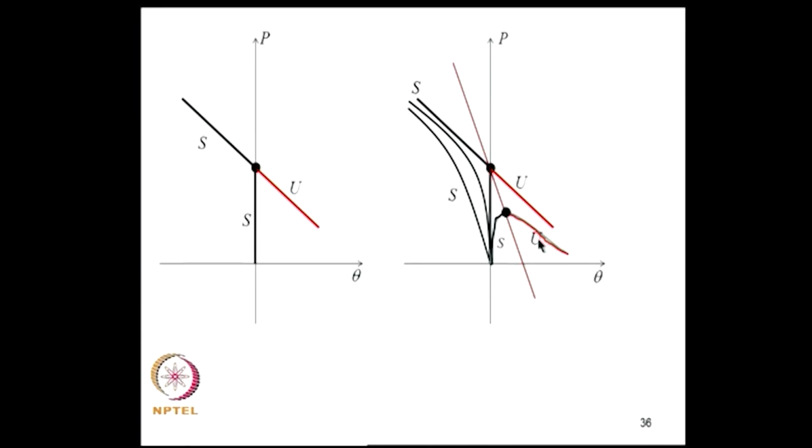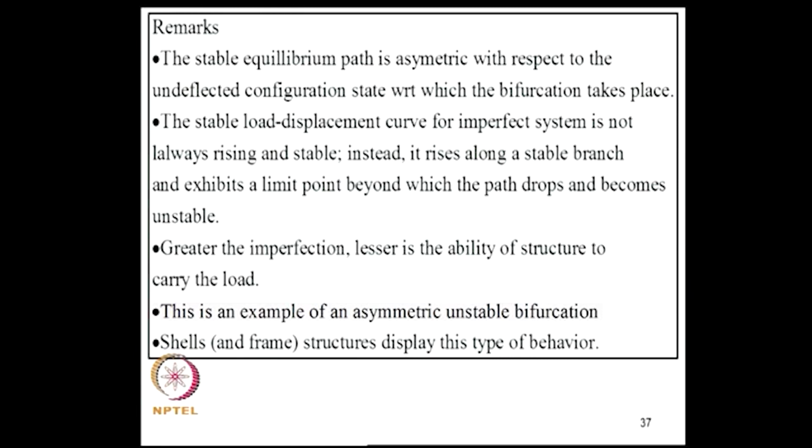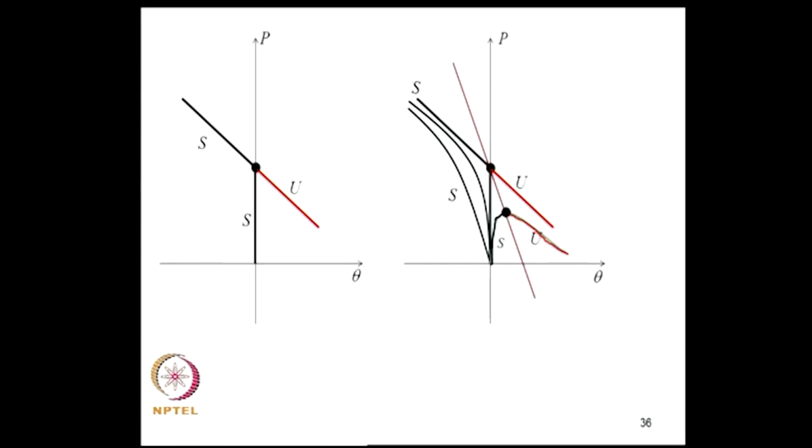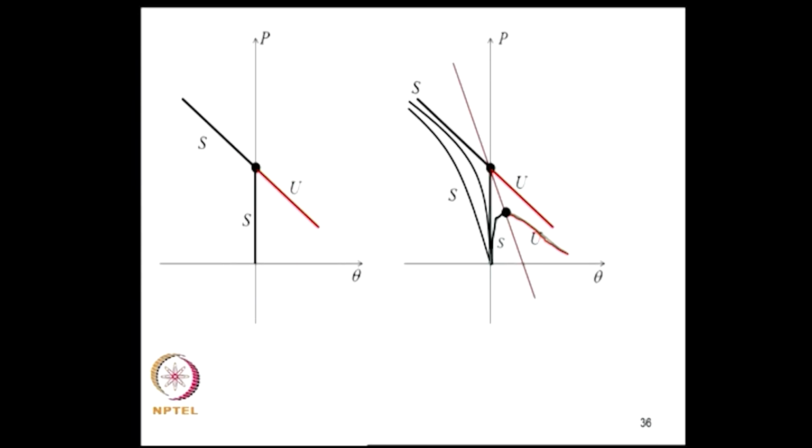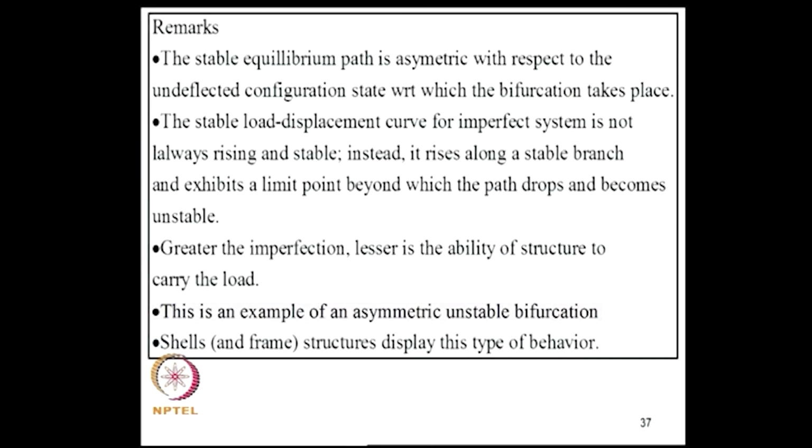Here again the stable equilibrium path is asymmetric with respect to the undeflected configuration, with respect to which the bifurcation takes place. The structure itself is unsymmetric, so you can expect something like that to happen.